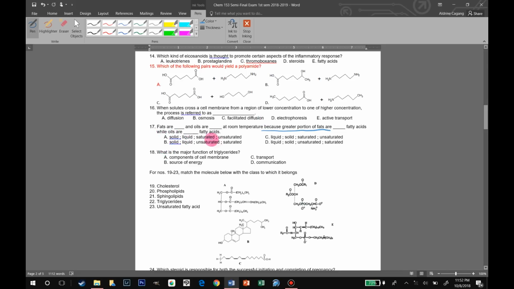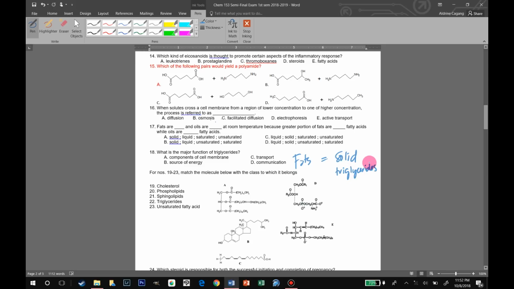So you have A, solid and liquid. So you can insert here either solid or liquid. So by definition, your fats are called fats because these are your triglycerides that are solid. So fats are simply your triglycerides that are solid.